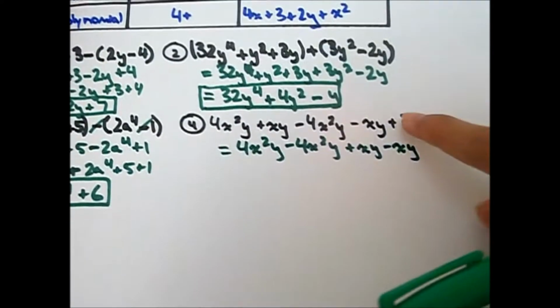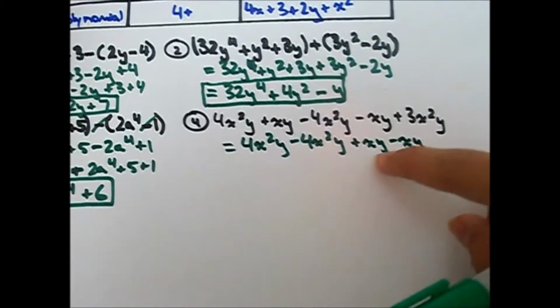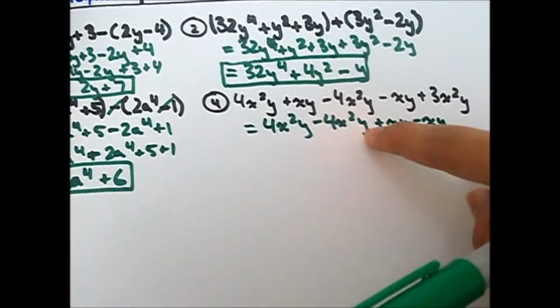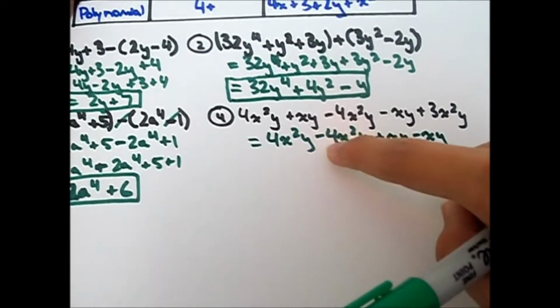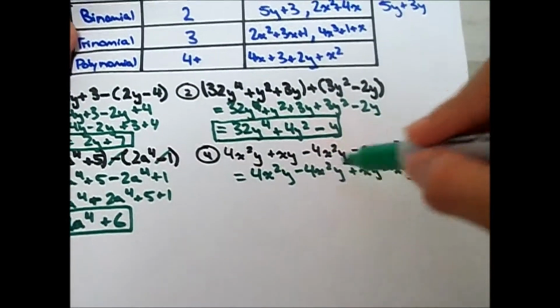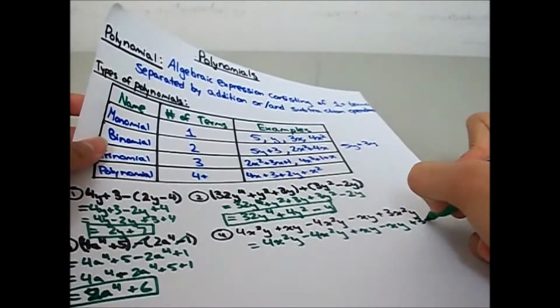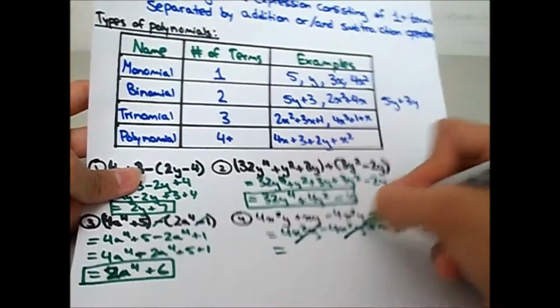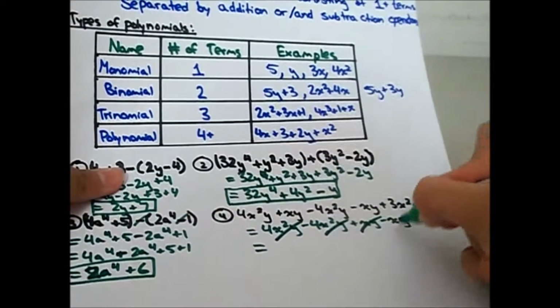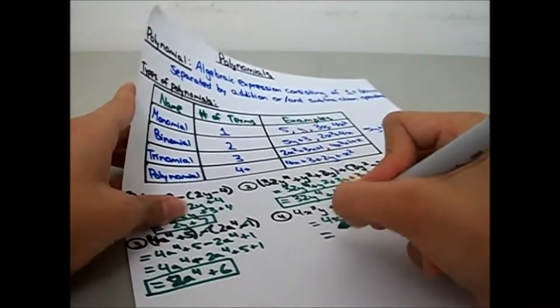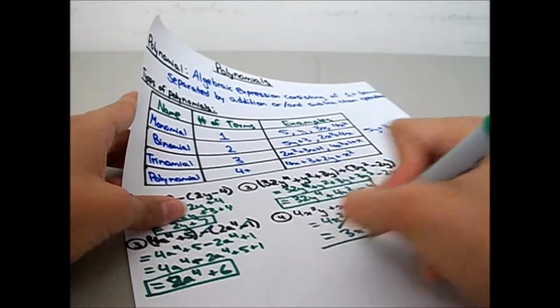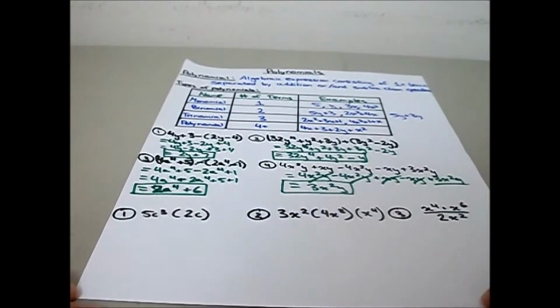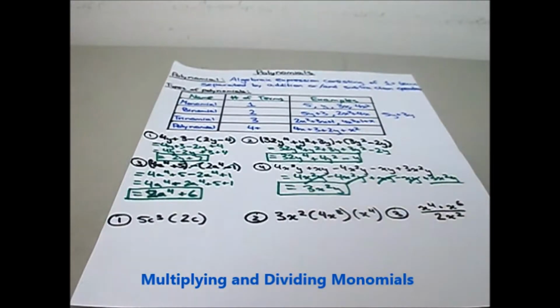And we have 3x squared y, which has a like term of 4x squared y, but since these two are cancelling out, we can just write it separate. So now we have these two cancelling out, and xy and negative xy cancelling each other out, and we are left with 3x squared y. And there we go.